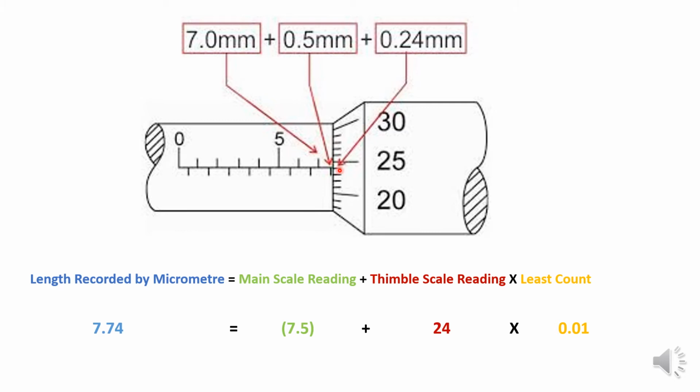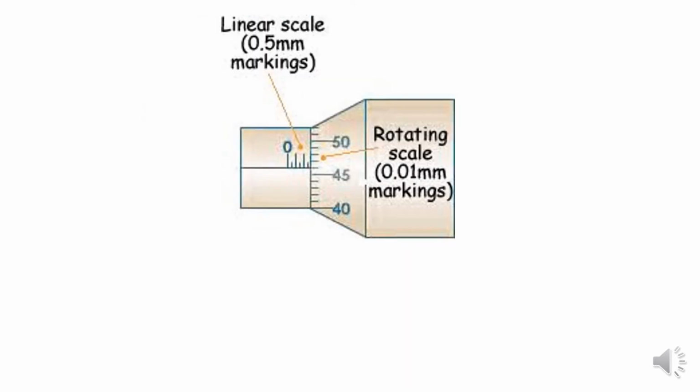Here we can see the 24th division of the circular scale is coinciding with the reference line. So the thimble scale reading will be 24 into least count. Least count of the micrometer is 0.01 mm. So here we can calculate 7.74 mm will be the reading.